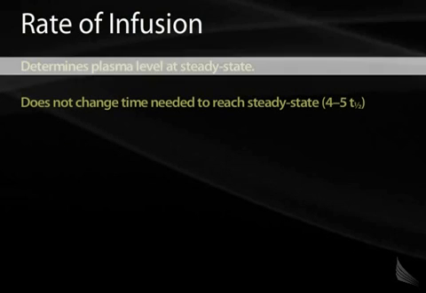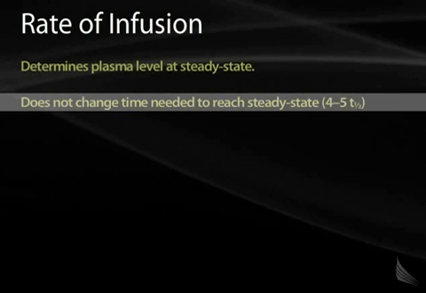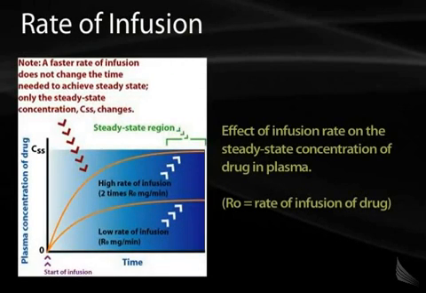The rate of infusion of the drug will determine the plasma level as you reach steady state, but again it does not change the time needed to reach that steady state. Here we show the same medication given to two different patients. However, the curve on the top shows a higher rate of infusion.